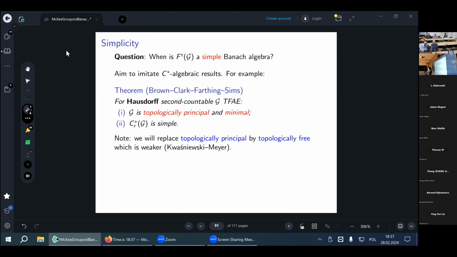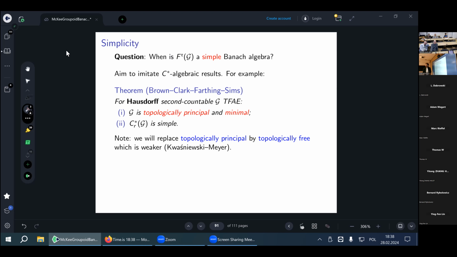So there are a few different freeness conditions out there in the literature, like essential, topologically principal, topologically free. So we're going to use topological freeness. Sometimes they coincide, like in Hausdorff groupoids, some of these things coincide with each other. But in general, topological freeness is weaker.